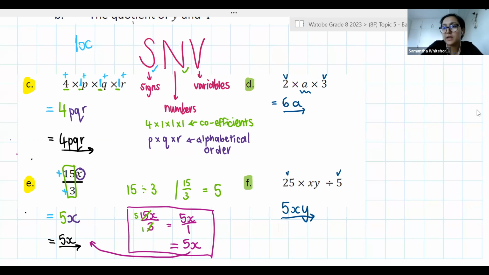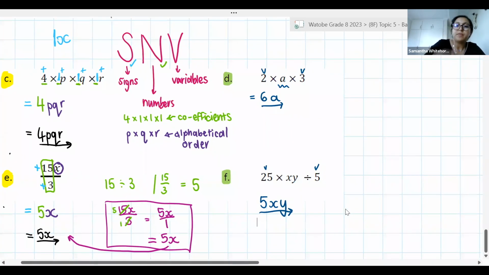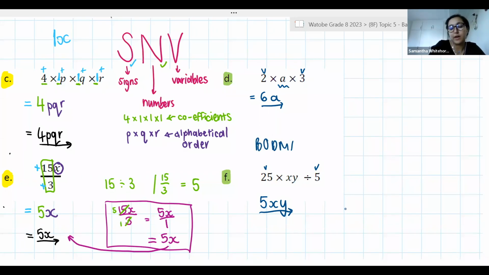Now I just want to quickly explain why that is the case. Now remember, according to BODMAS, multiplication and division do have sort of a similar level of importance. So if I just go left to right, what I have is 25 times xy, which is 25xy. And then I have my division by 5.